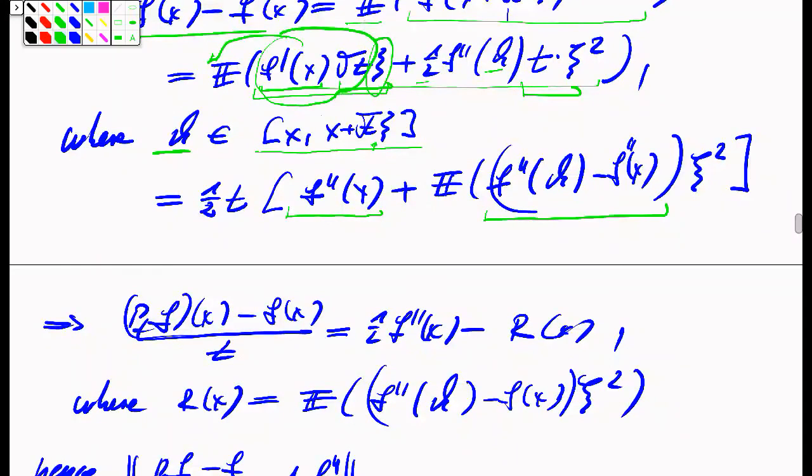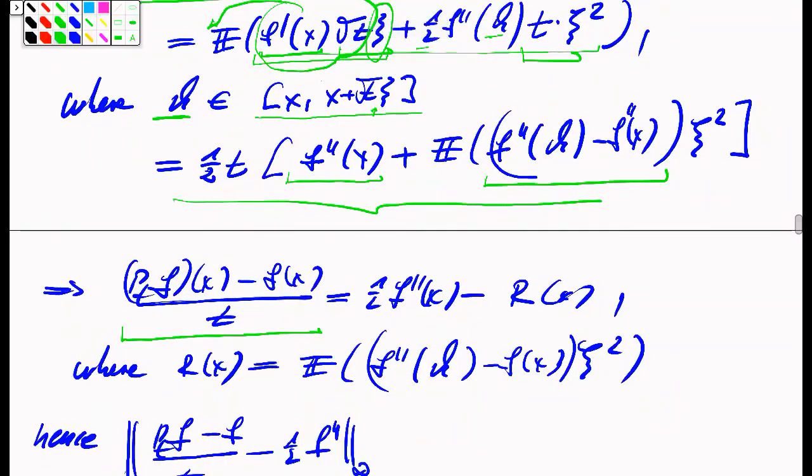Okay, so hence, if we put this back into the formula for this difference quotient, we have to take this difference, which we have just evaluated, and we have to divide by t. And we see that what we're left with is 1/2 f double prime of x plus minus, depending on how you want to write it, the remainder term.